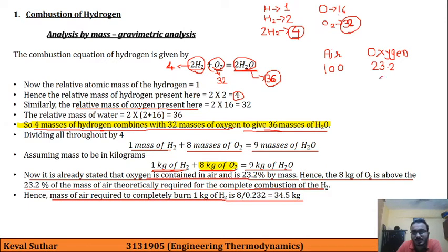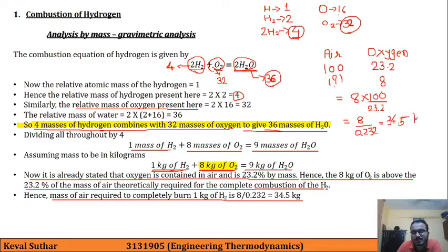So how much air will be needed? It will be 8 multiplied by 100 divided by 23.2, or we can say this is nothing but 8 divided by 0.232, that is equal to 34.5 kg.